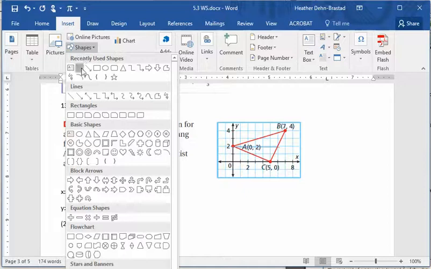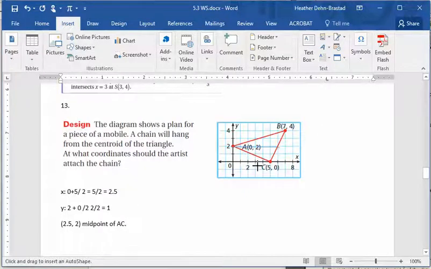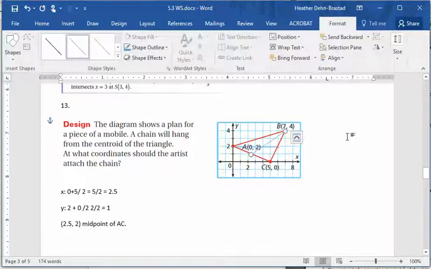Okay, so find that point, and I'll draw a line from that point. 2.5 is right here, and 1 is right here. And I have to go from there up to the vertex opposite it. So I've drawn my two lines, and it looks like they are crossing.